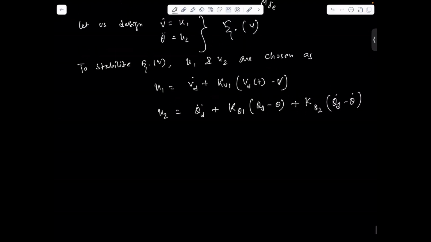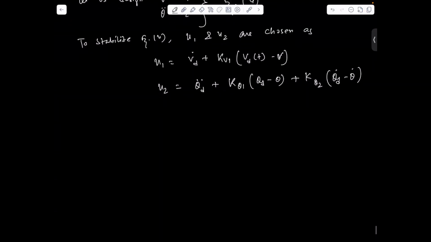Sorry, I should not say V is constant, because it is a time series. So instead, I can explain how this is happening in this particular case.